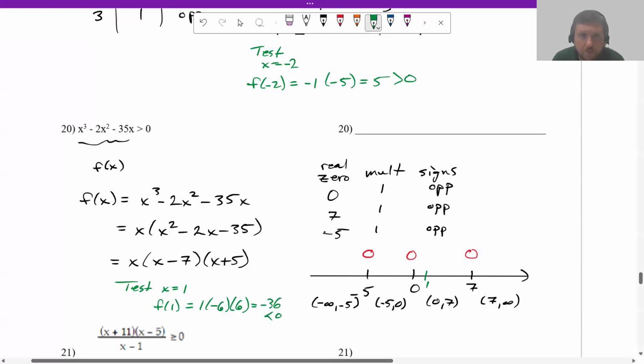So we can see that that's negative. So negative, and then all of these are going to be opposite signs, so that region's going to be positive, this region's going to be positive, and then this region's going to be negative. We want greater than 0, so we want the positive regions for our final answer.